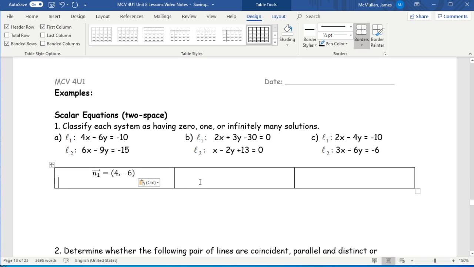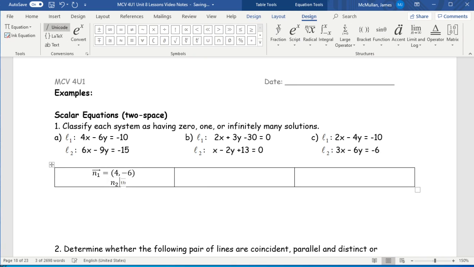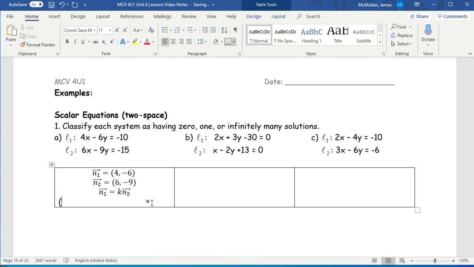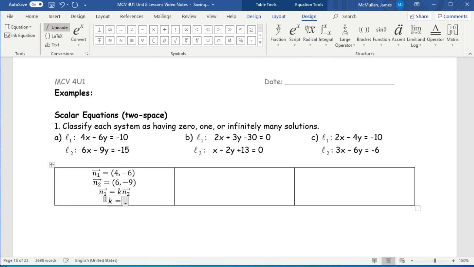Then n2, the second normal vector, would be (6, -9). Now you can see here that n1 equals k n2 if, in brackets, k were equal to 1.5.